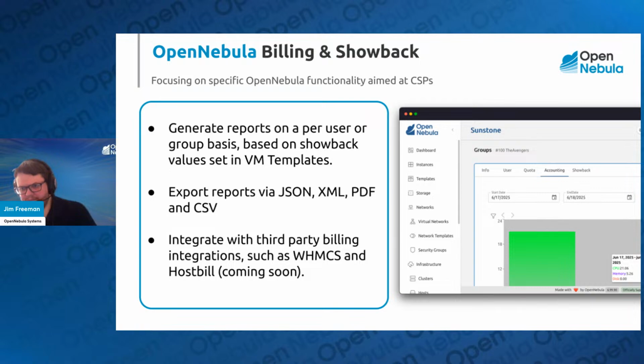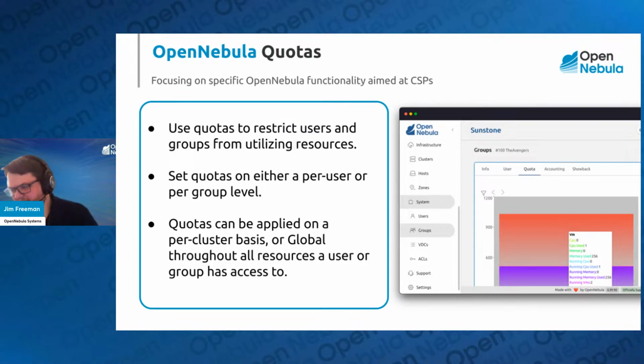But OpenNebula covers that showback to track all the usage, and these are all based on elements that you set within a VM template. So you can say it's going to cost this many dollars, this many euros per hour per CPU on a VM. So exactly what you'd expect in a platform for CSPs.